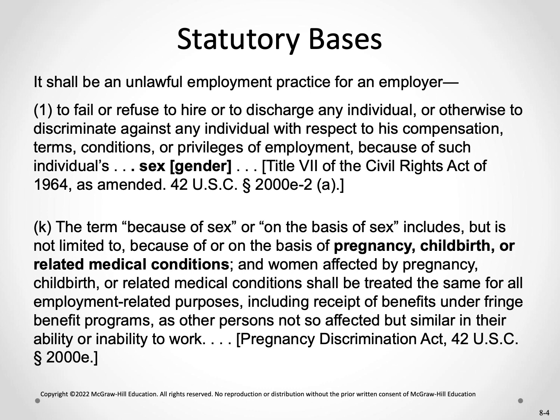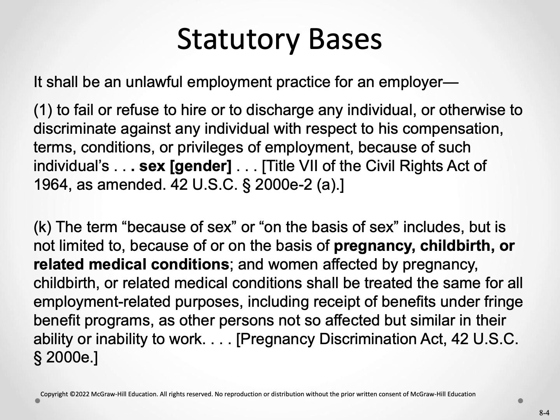And also the second terminology is the term because of sex or on the basis of sex includes, but is not limited to, because of or on the basis of pregnancy, childbirth, or related medical conditions, and women affected by pregnancy, childbirth, or related medical conditions shall be treated the same for all employment related purposes, including receipt of benefits under fringe benefit programs, as other persons not so affected but similar in their inability or ability to work.